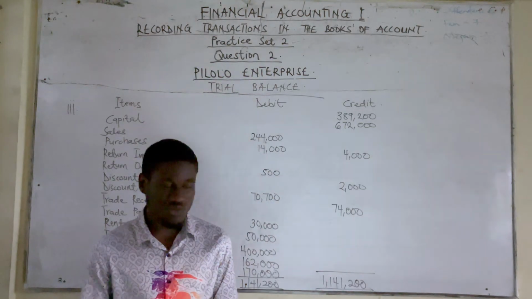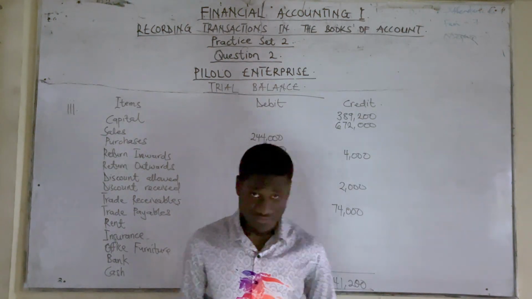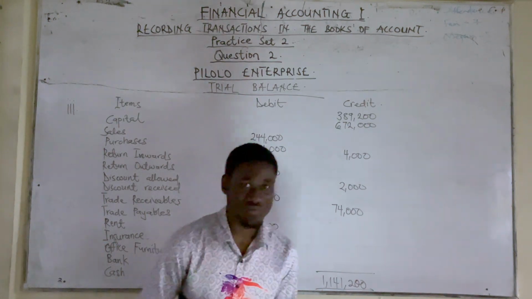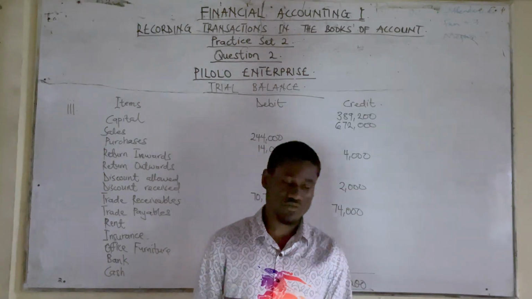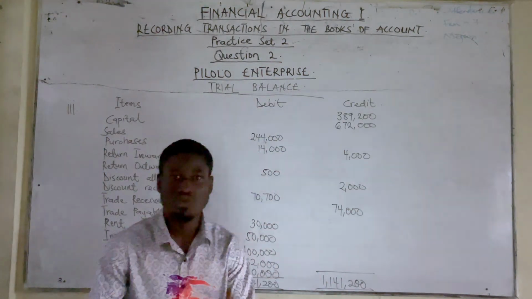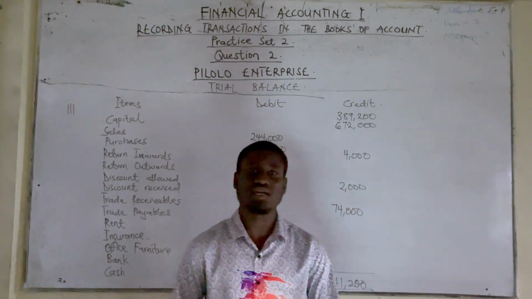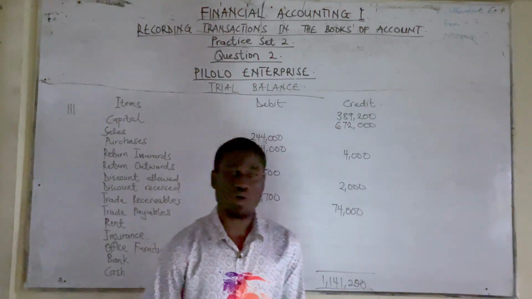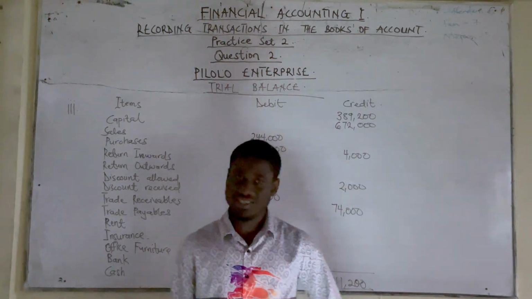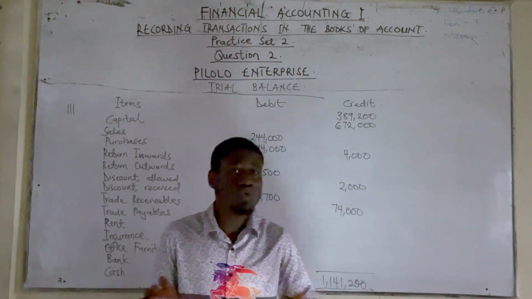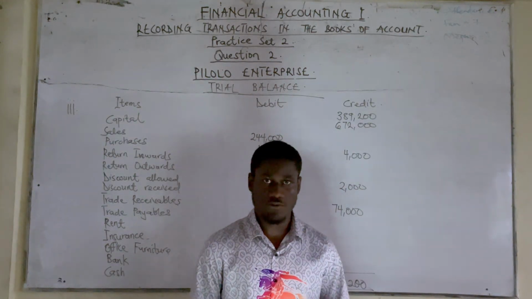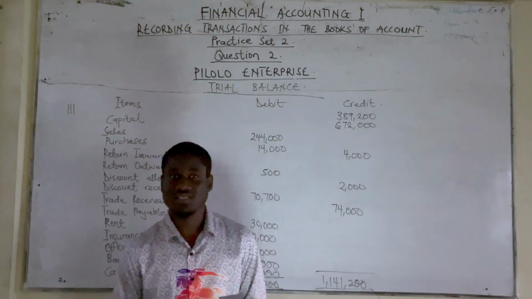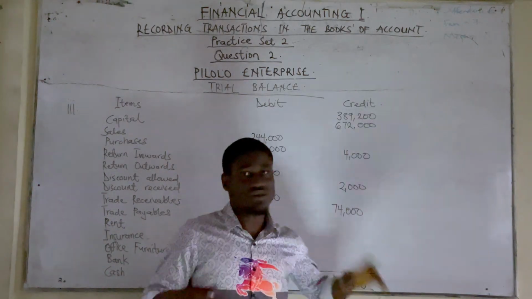It's a very lengthy question, but not very difficult. There's a difference between difficult and lengthy. It's just plain but not difficult. So you have to understand the books of entry that the question is asking for. Then you understand the relevant ledgers here. If you know these ledgers and books of entry, you'll be able to open the accounts. Then the trial balance is very easy because you're just carrying the balances.